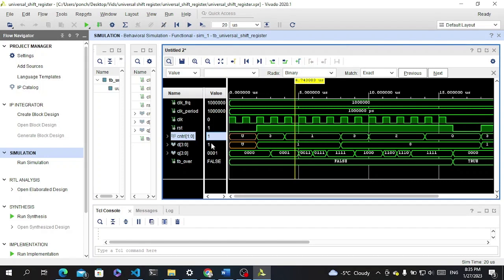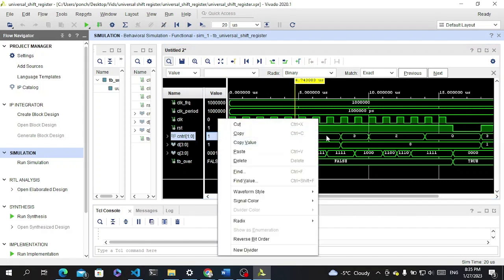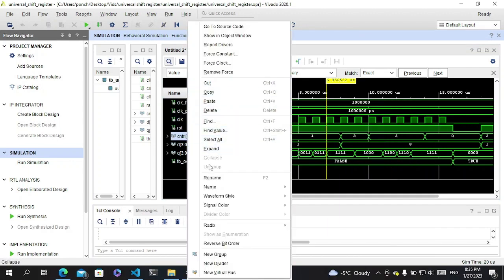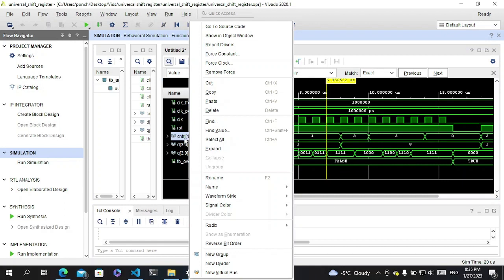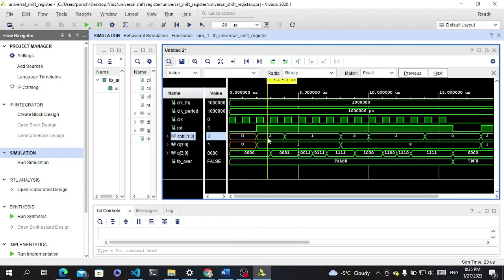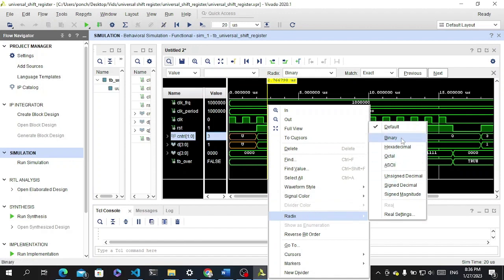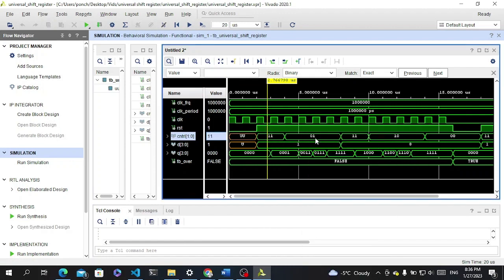So when we have 0, 1 in control, we can see that our 1 is being shifted to the left, and so forth until our 4th clock cycle, where we have all of it shifted to the left.